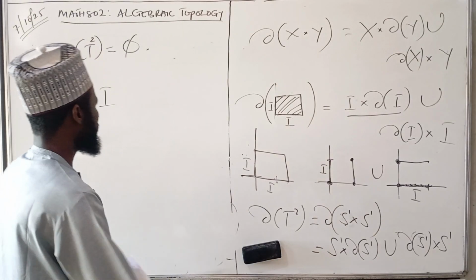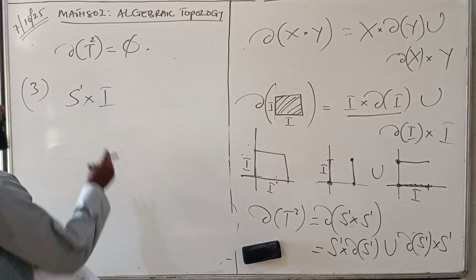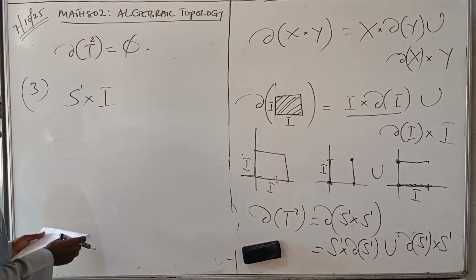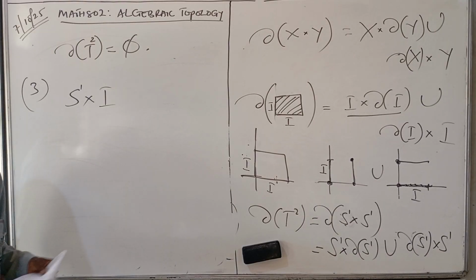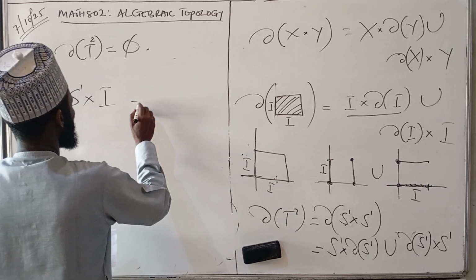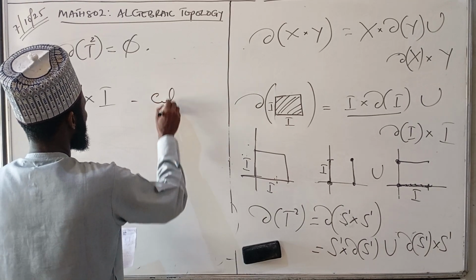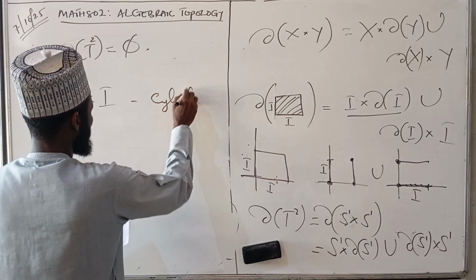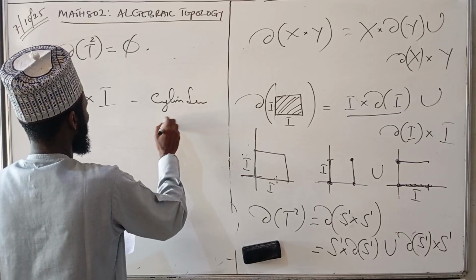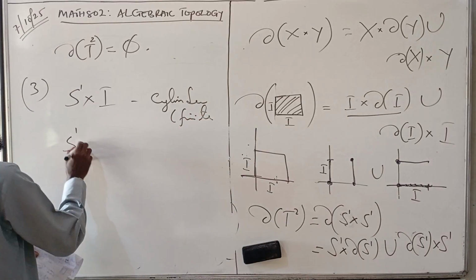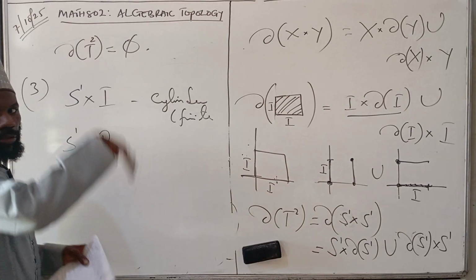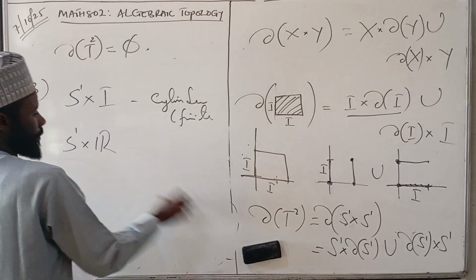The resulting space will be a cylinder, a finite cylinder. If you do S1 with R, you get an infinite cylinder. Okay?